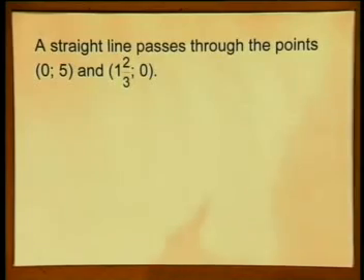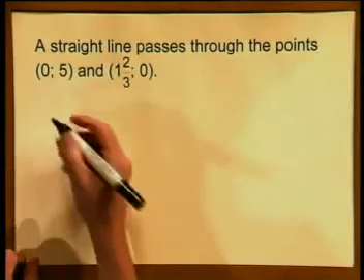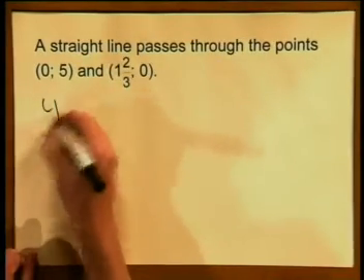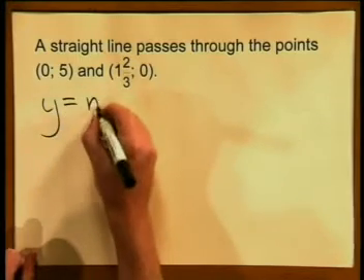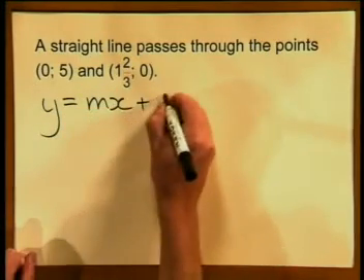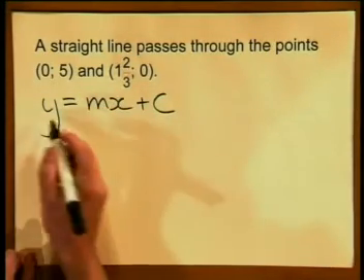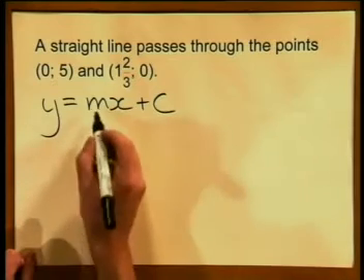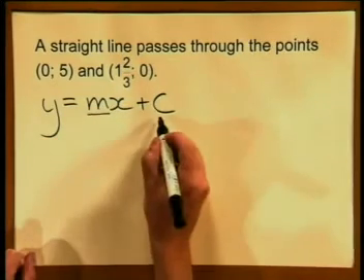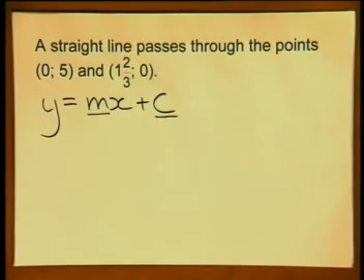Now, let's find the formula. Because we know that the function is a straight line, we know that its formula is of the form y equals mx plus c. In order to find the formula, we need to know the values of m and of c.